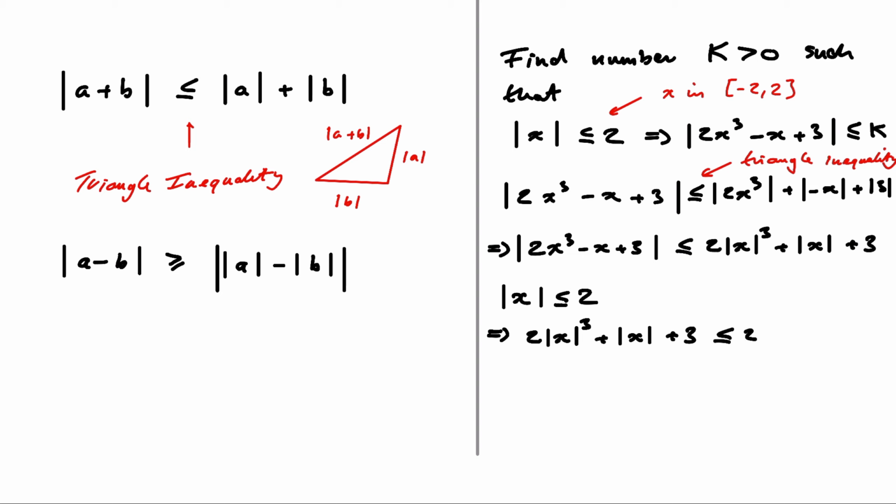So this has to be 2 times 2 cubed plus 2 plus 3. So what's that equal to? That's equal to 2 cubed. What is it equal to? 2 cubed times 2. That's 16. 16 plus 2 is 18, sorry. Plus 3, it's equal to 21.